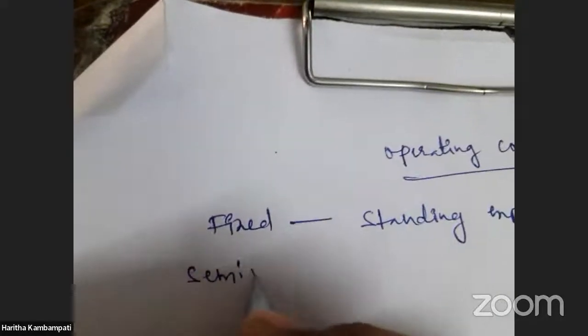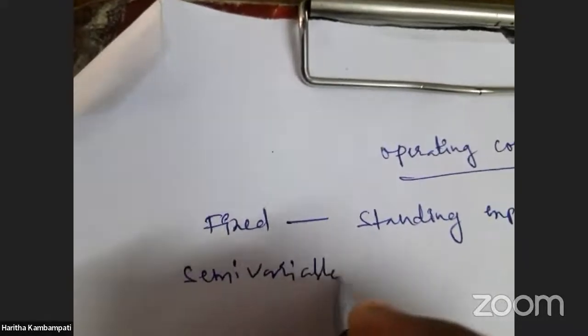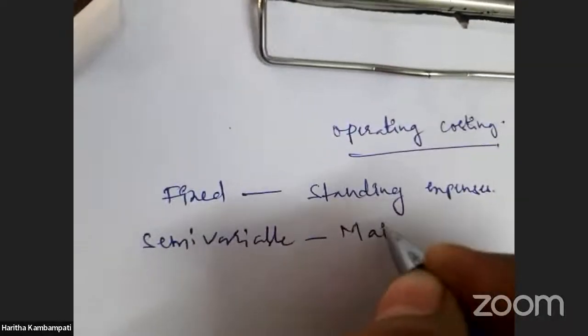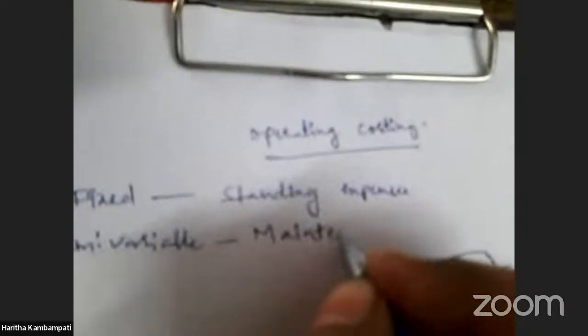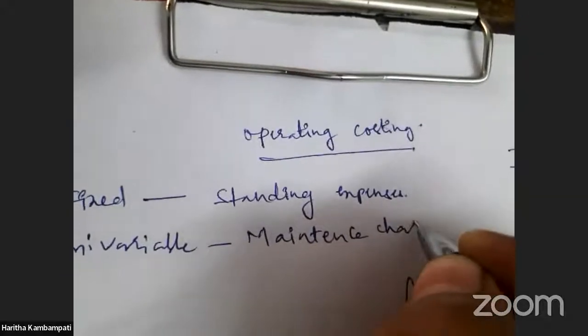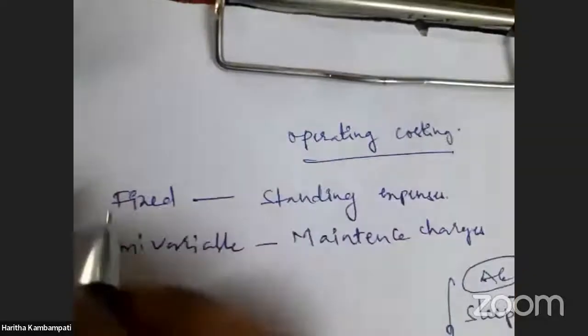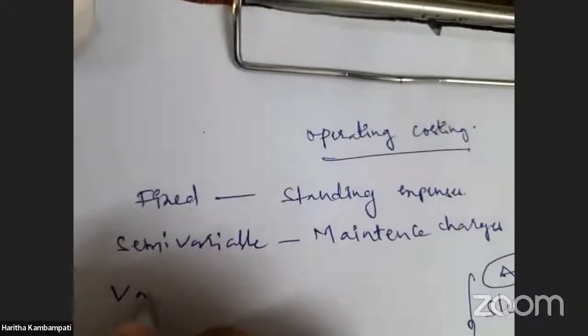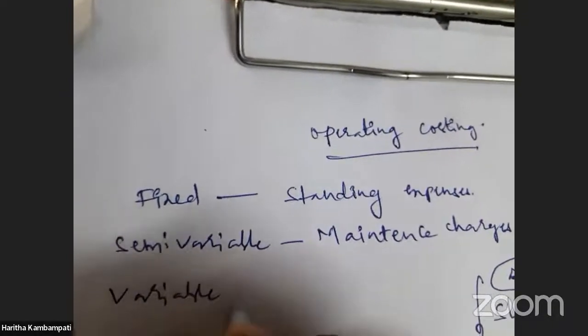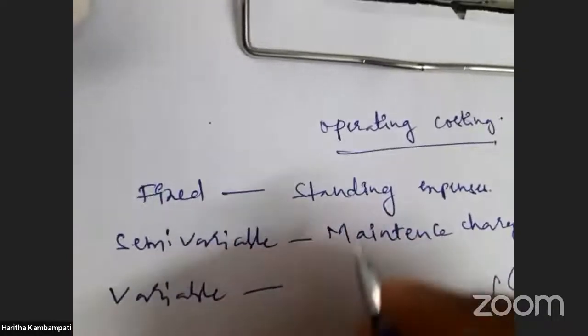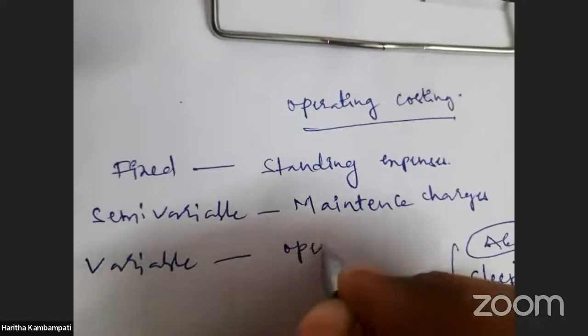Semi-variable. Those are maintenance charges or expenses. Variable, we are going to call those operating charges.